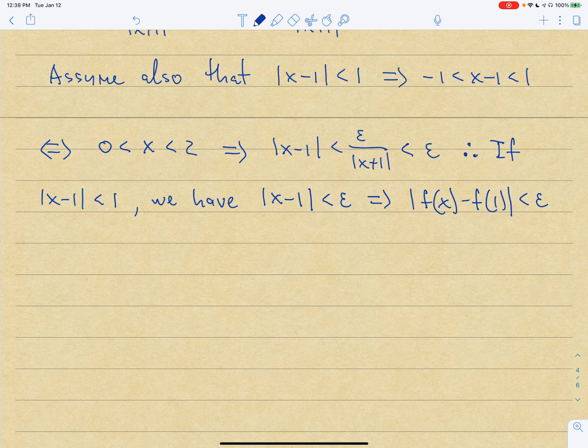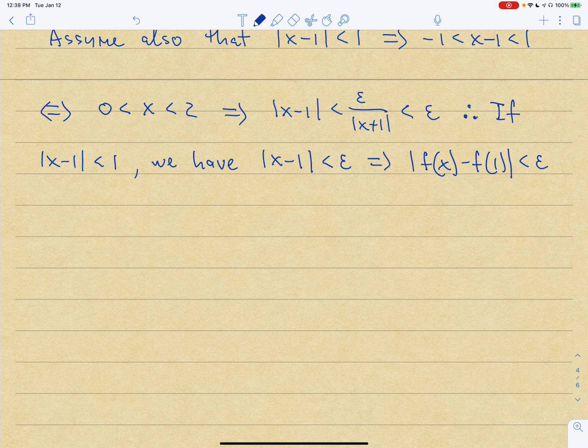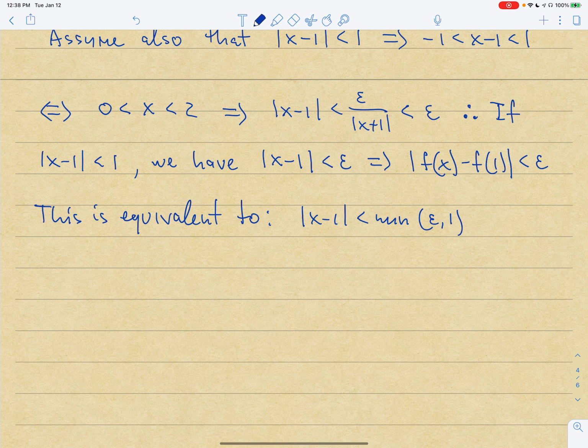All right. But then if both this and this condition are satisfied at the same time, this is equivalent to saying if |x minus 1| is less than 1 and epsilon at the same time, then |x minus 1| is less than the smallest of these two, the minimum of epsilon and 1.